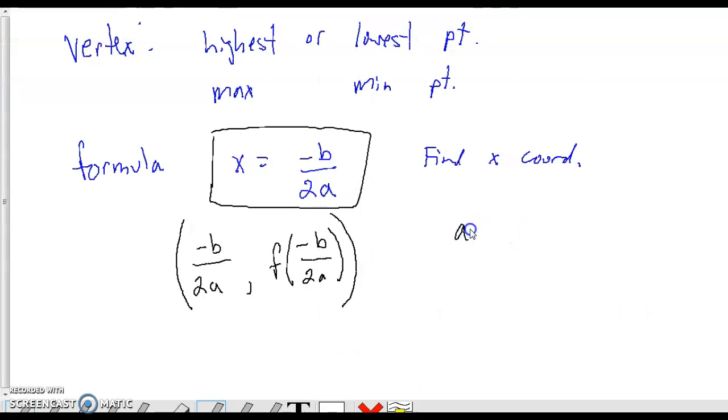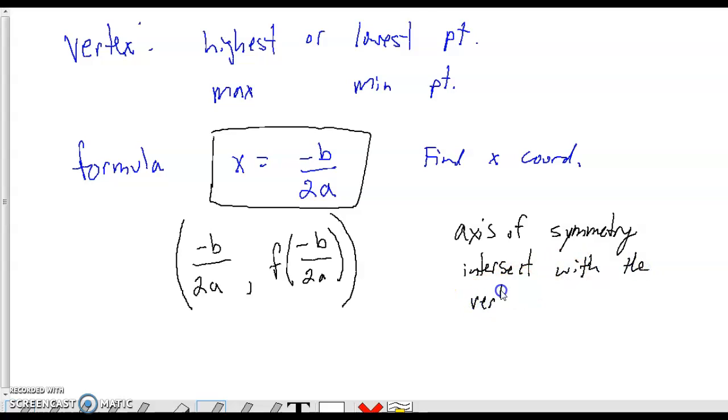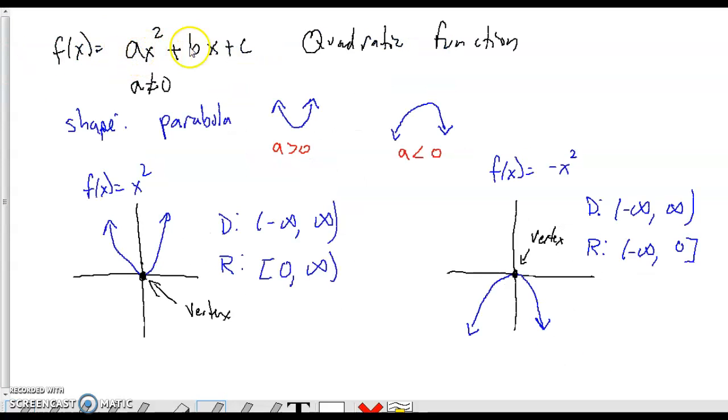So axis of symmetry is going to intersect with the vertex. Okay, and again, how do we find the axis of symmetry? It is x is equal to -b over 2a. The b and the a do again come from our equation, ax squared plus bx plus c.